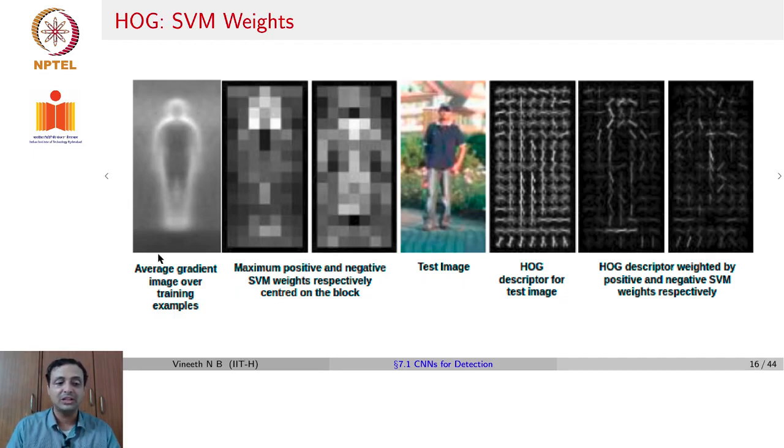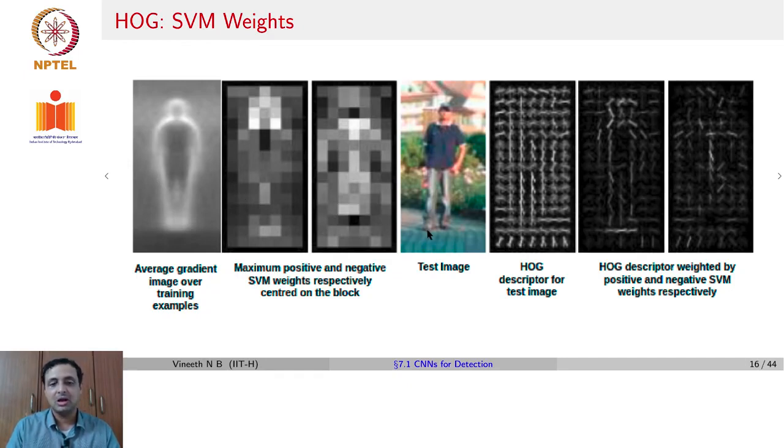So if you took the average gradient image over all your training examples, you can visualize what the positive and negative SVM weights are. Remember, the cells are the dimensions of your entire descriptor vector. So you can now imagine positive and negative SVM weights after you learn a support vector machine.